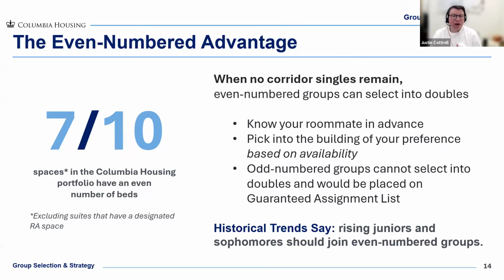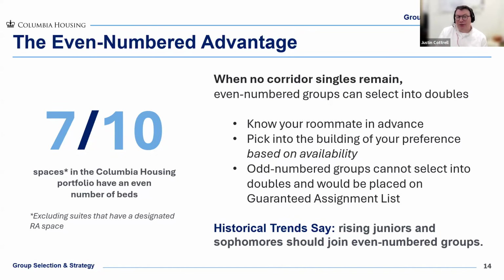So let's talk about why even numbered groups have an advantage. When all corridor singles are gone, even numbered groups can select into corridor doubles. This allows you to pick your own roommate and to choose into a building of your preference based on what's available. According to our golden rule for groups, an odd numbered group wouldn't be able to fill all the bed spaces in doubles, and so they wouldn't be able to select rooms and finish the process.